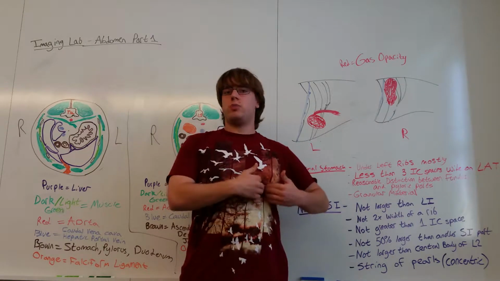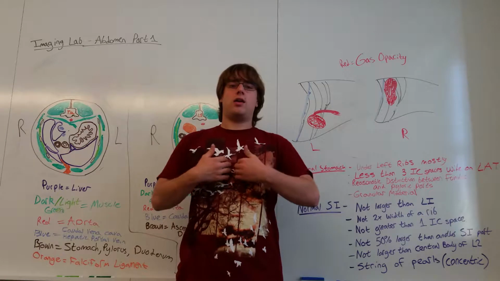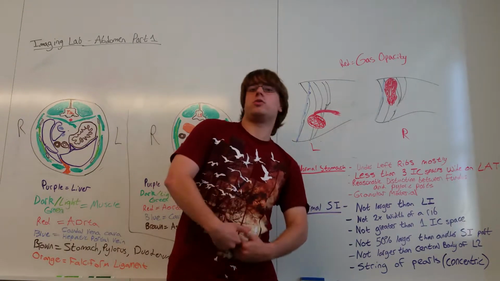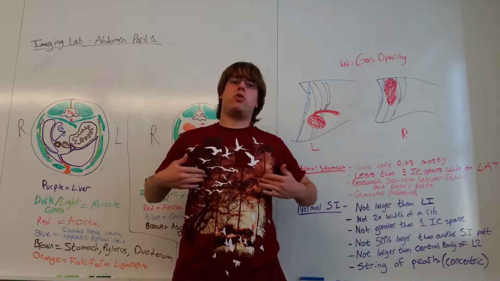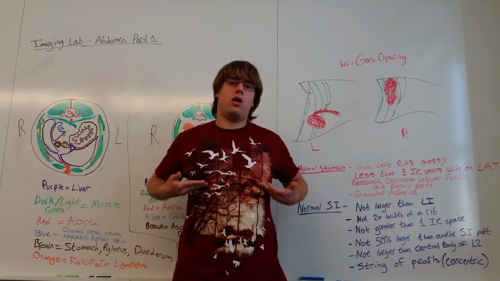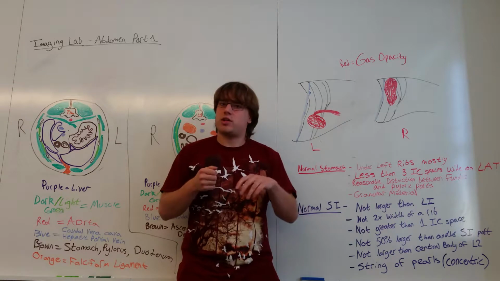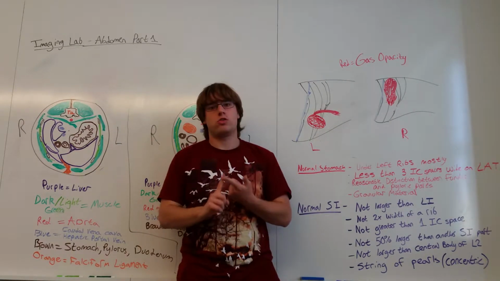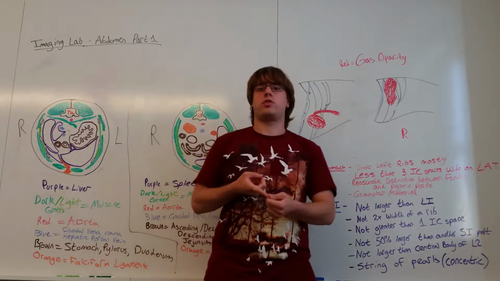The ascending colon should be on the right side, the descending colon should be on the left side and goes to the middle down towards the anus through the pelvic inlet, and then the transverse colon should be caudal to the stomach and run across from left to right. So if something's not in the right spot, that's a potential cause for concern, and if something is significantly larger than another part of the same colon, that's another sign for concern.